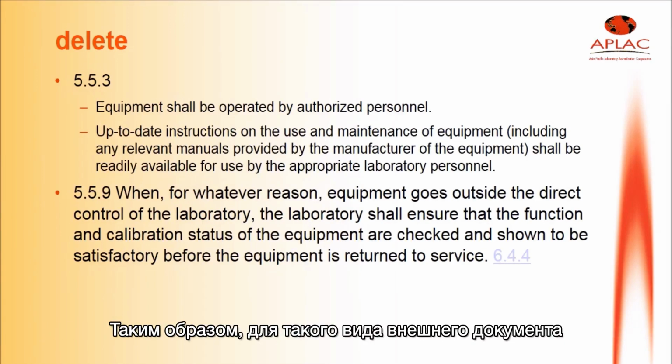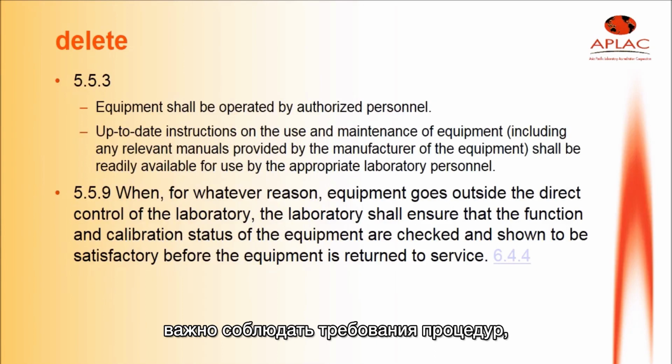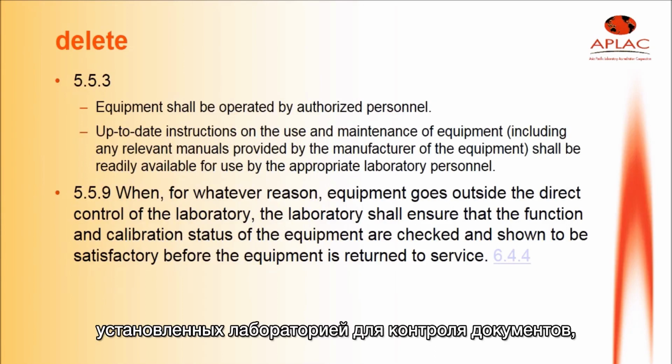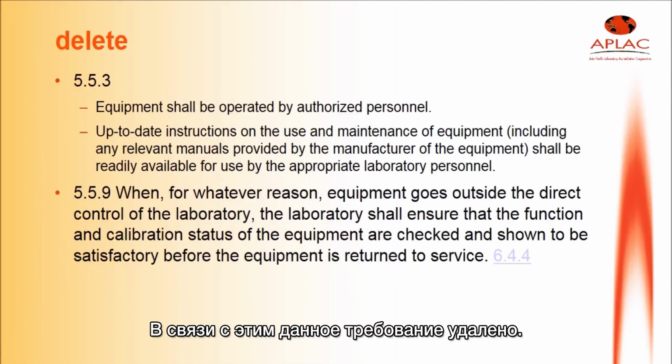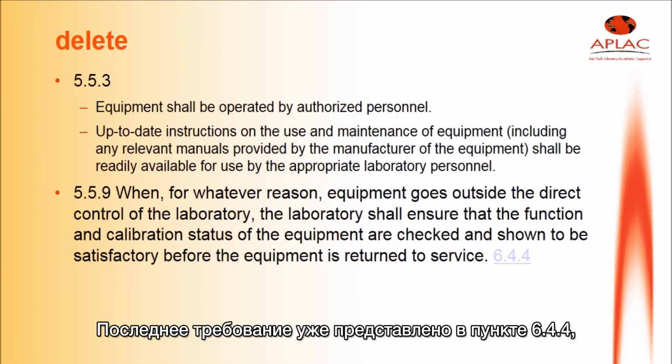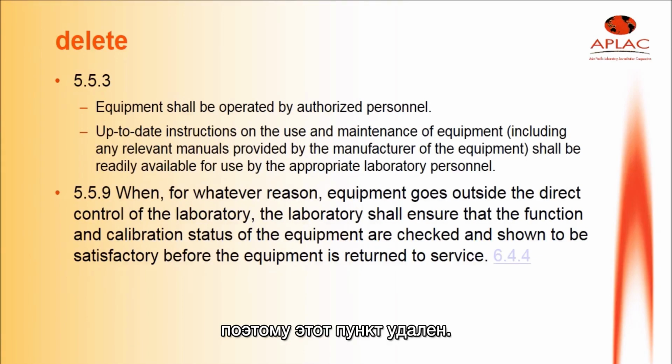So the management of this kind of external document should follow the requirements on the procedure established by the laboratory for document control. So it is not necessary to specifically emphasize this more. So this requirement is deleted. The last one, this requirement is already covered by Clause 6.4.4. So this clause is deleted.